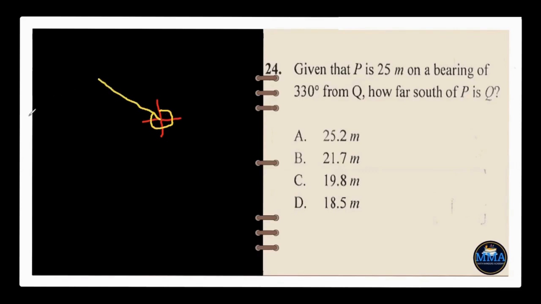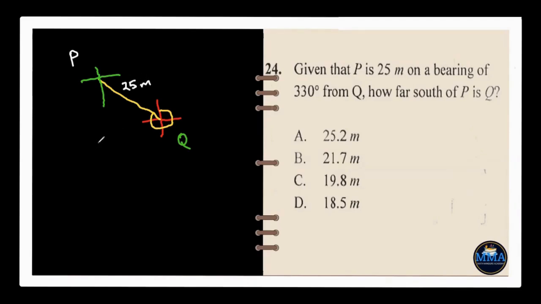All right. So let's put a cardinal point for the next point here. So they say, given that P is 25 meters on a bearing of 330 from Q. So this is where Q is. And of course, this is where P is. And this is 25 meters.